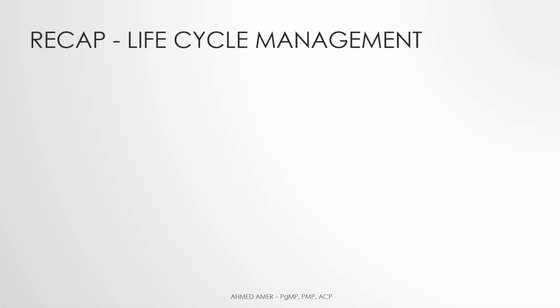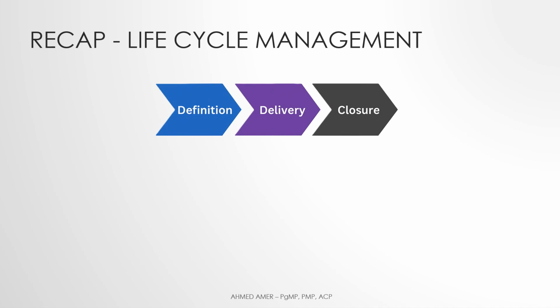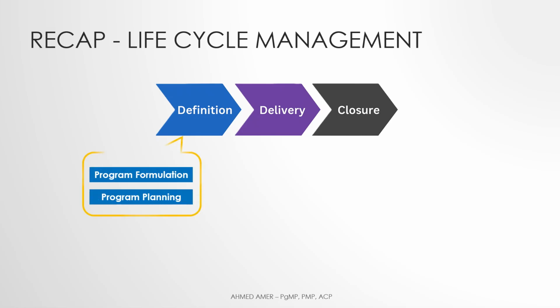In today's video, we covered the sixth and last program management performance domain, life cycle management. We talked about the three program life cycle phases: definition, delivery, and closure. Together, we demonstrated how the definition phase is split into two subphases: formulation and planning.